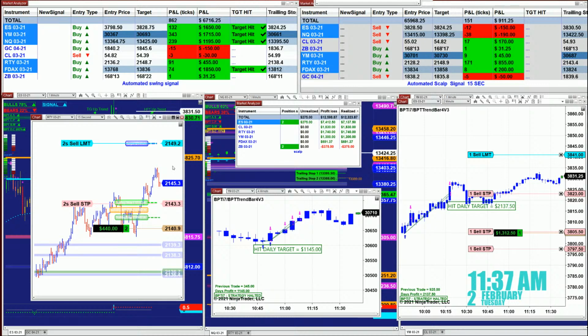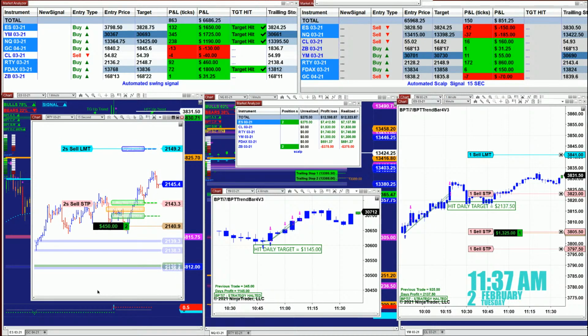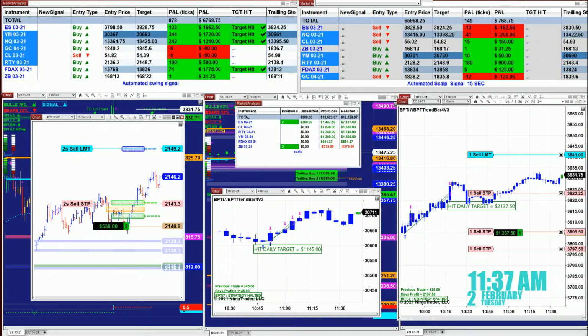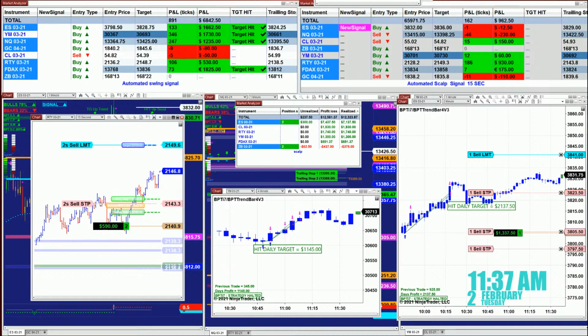But then I thought about it. When they're not gonna see the trailing stop moving, they're gonna think there is something wrong with the system. So what we are doing, we are changing everything right now. So there will be a trailing stop and a target.